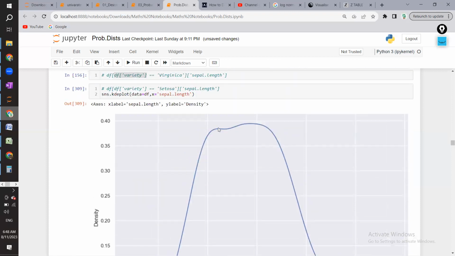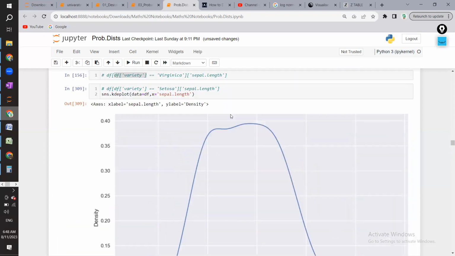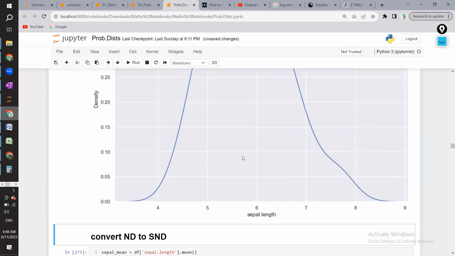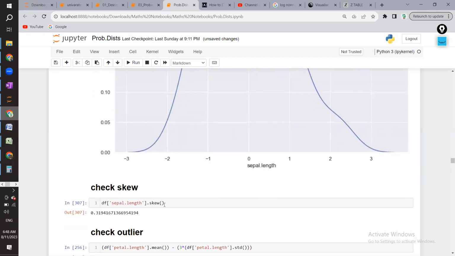As you can see, it looks like a normal, but with small fluctuations. That's why it's not exactly zero.